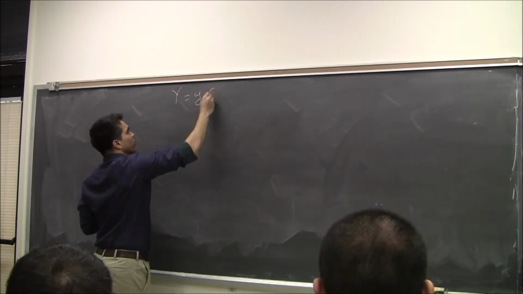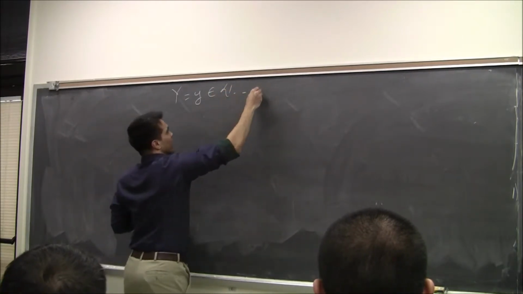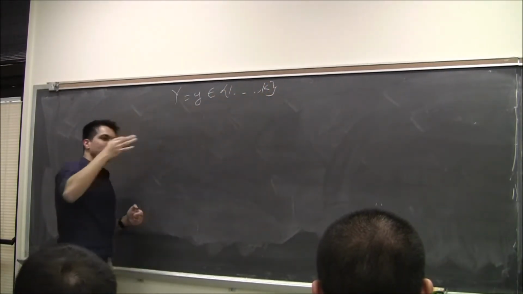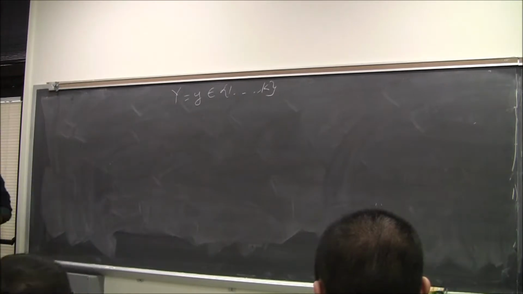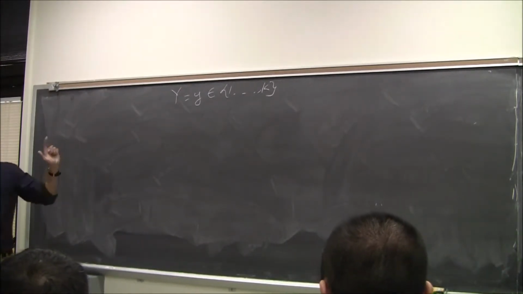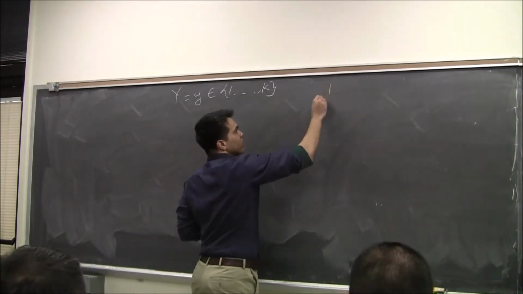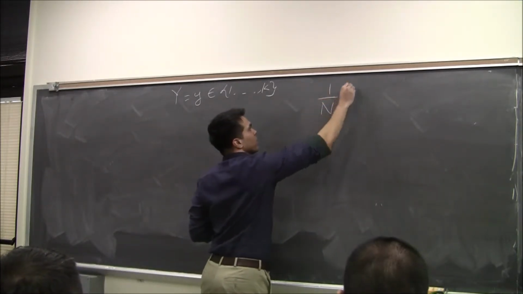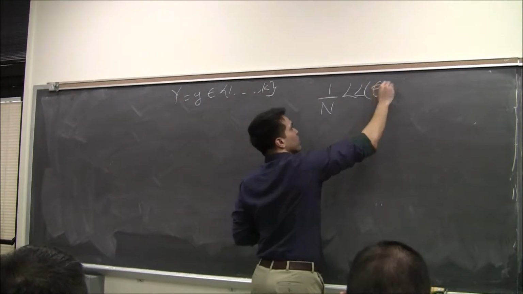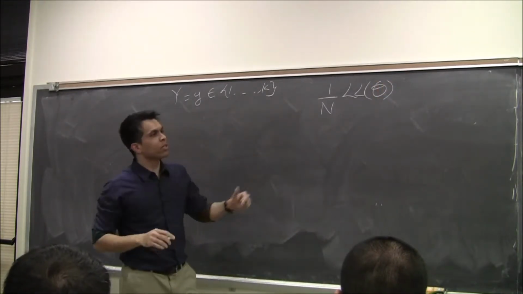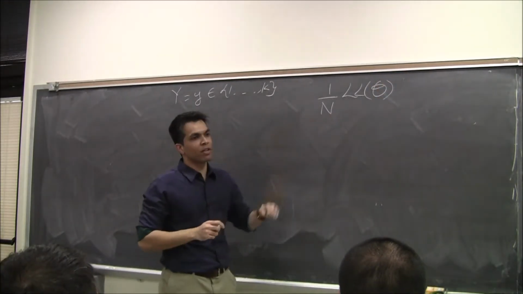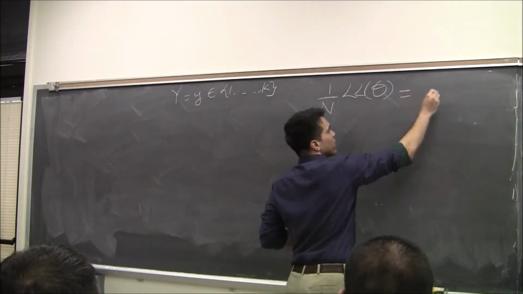I'm going to make things simple and assume it's discrete, but the argument will generalize to other kinds of models. This will just make the math easier for me. And the thing that I'll think about is the log likelihood for some model, averaged by dividing by the number of data points.